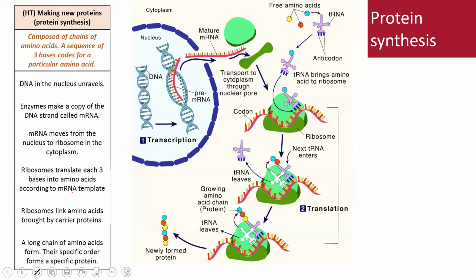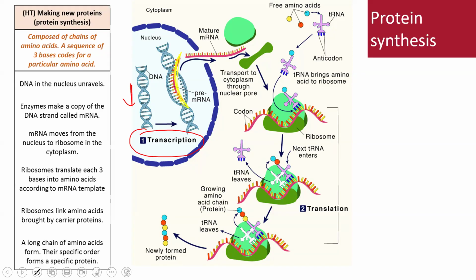Now it's quite complicated, but you're all with it. So protein synthesis starts off with transcription. The DNA unravels. Then it makes a strand of mRNA in the unraveled DNA.